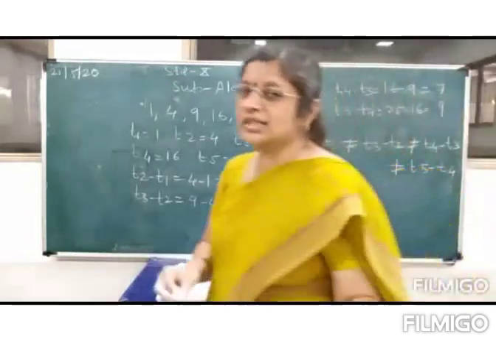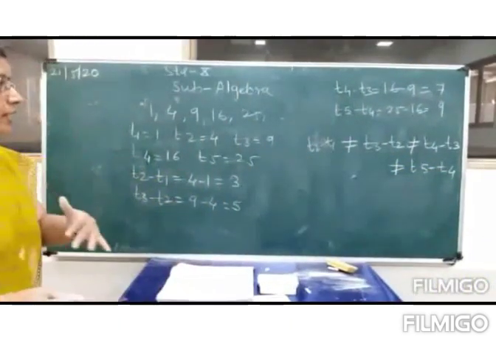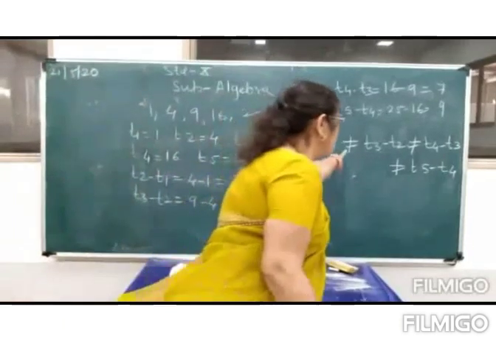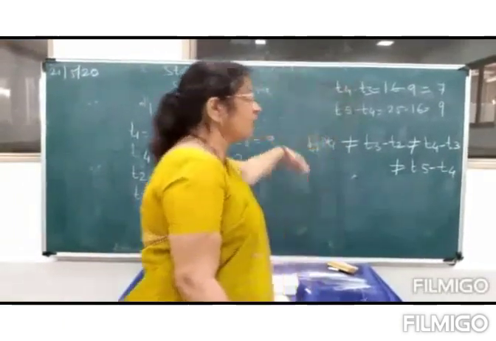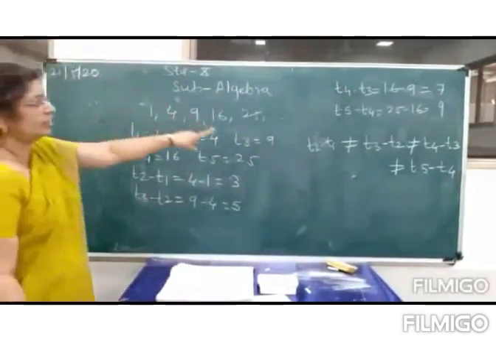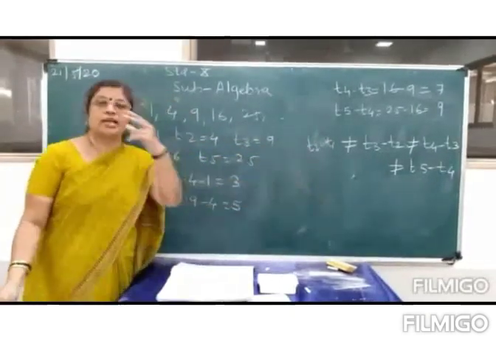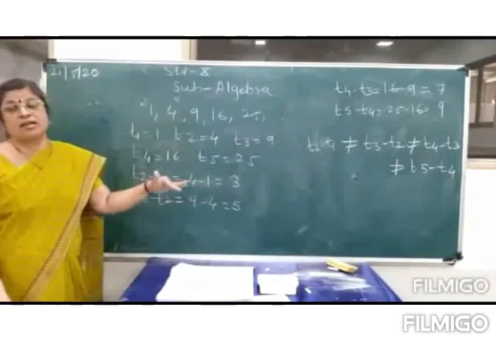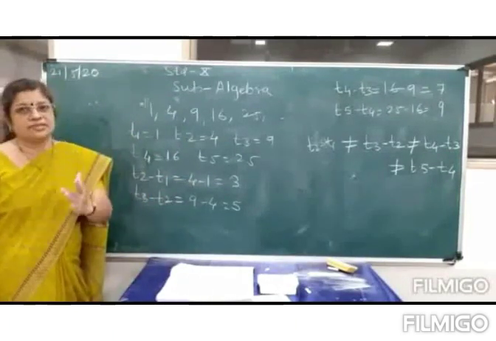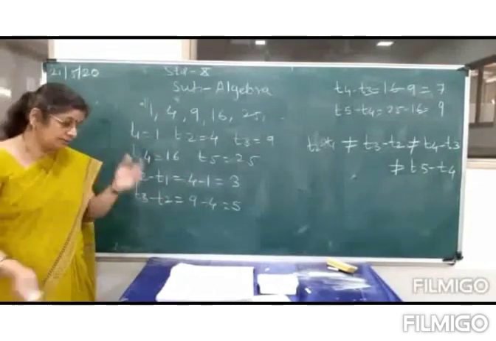Therefore, the given sequence is not an AP. This is the symbol for not equal to. Whereas in the previous example I have written T2 minus T1 is equal to T3 minus T2. So there are two ways to write and justify whether the given sequence is an AP or not.